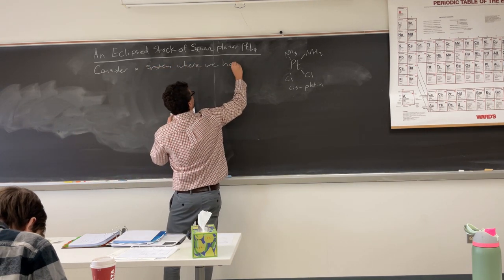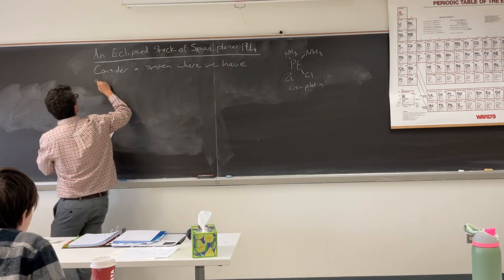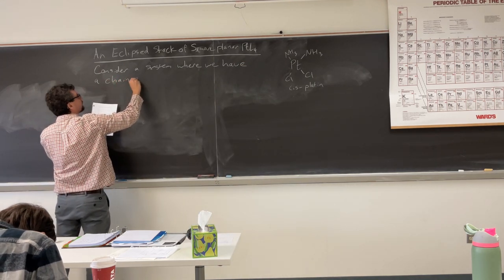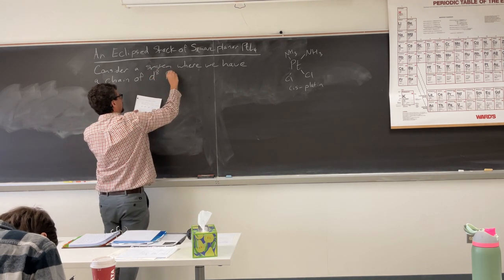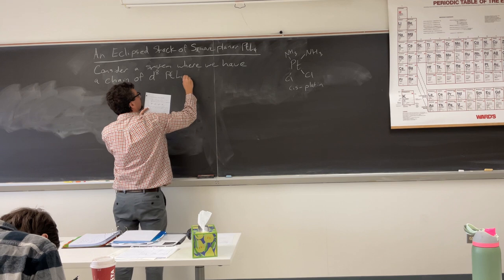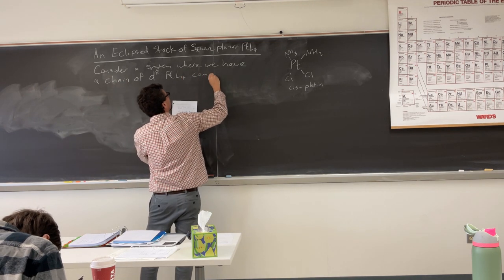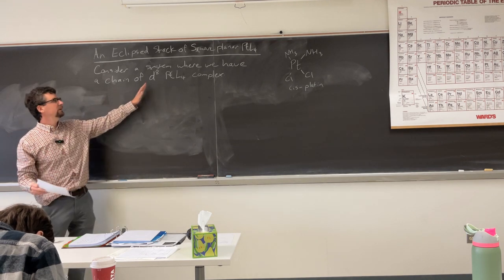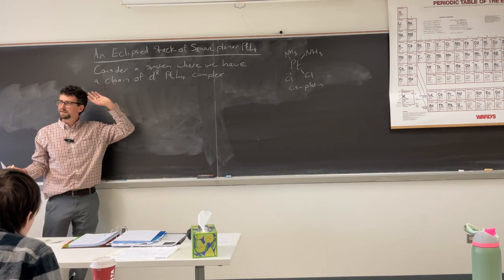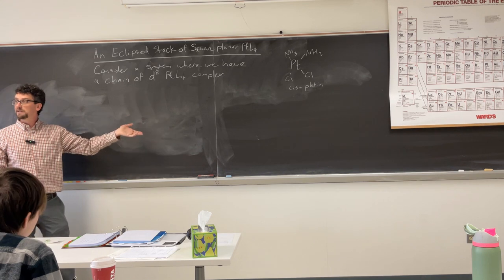We have a chain of a D3 platinum ligand complex. Okay, you might not know what I mean by D3, but what I mean is after the ligand has interacted with the metal, there are 8 D electrons.